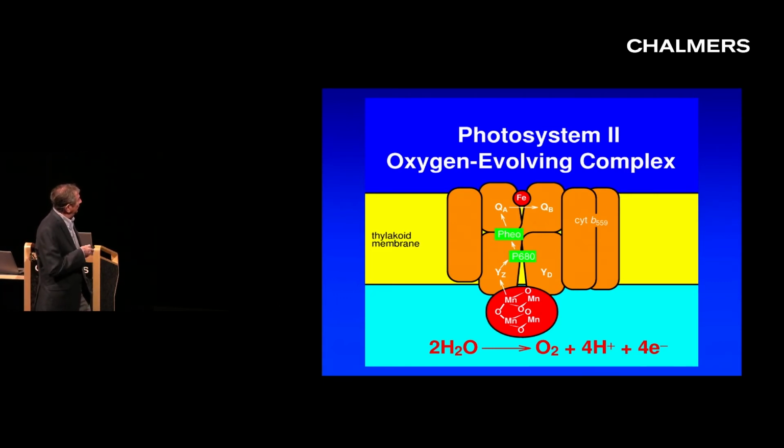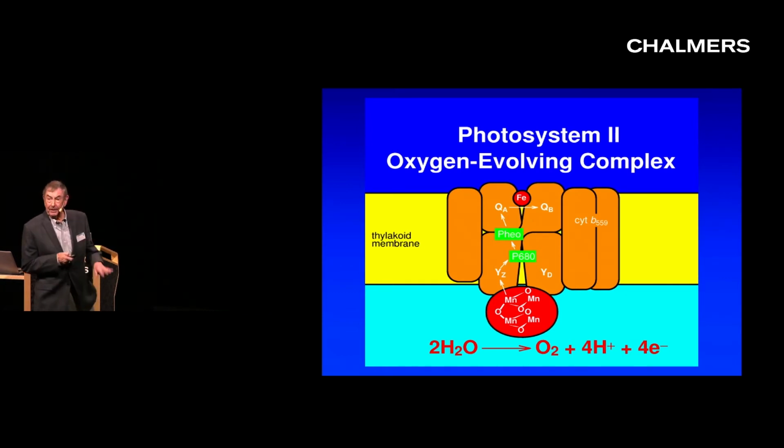In photosystem 2, you excite P680, and now the tyrosine is critical, because P680 oxidizes the tyrosine, and the tyrosine oxidizes the manganese water oxidation cluster. Jim Barber will talk about this structure. I just have a cartoon up here.